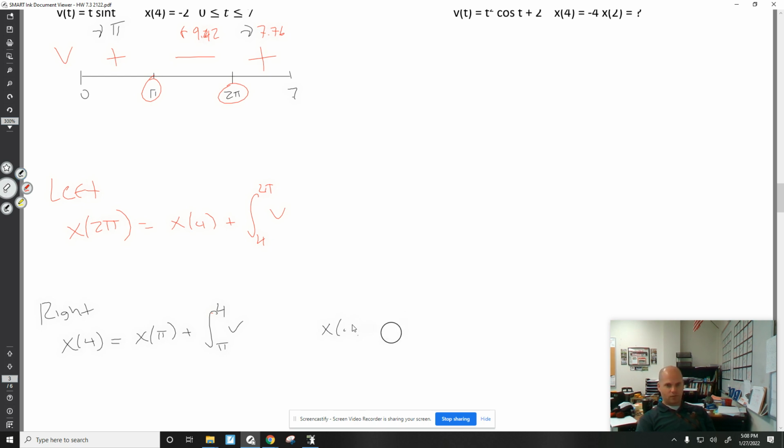And that's going to be a candidate for furthest left because I'm going to the right. So this is x of 4 equals x of 0. And then the right would be 7, but I know that's not going to be. I go to the right.